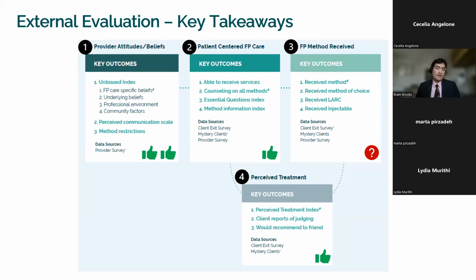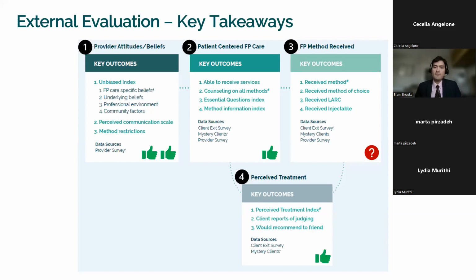So in summary, when we pool our results across 3 countries and compare findings across different data sources, the intervention resulted in large improvement in provider attitudes and beliefs, shown by the 2 thumbs up icon under domain 1. We also saw positive effects for patient-centered care and perceived treatment. They weren't as big as the effects seen under provider attitudes, which is why we only put 1 thumbs up, both in domain 2 and domain 4.